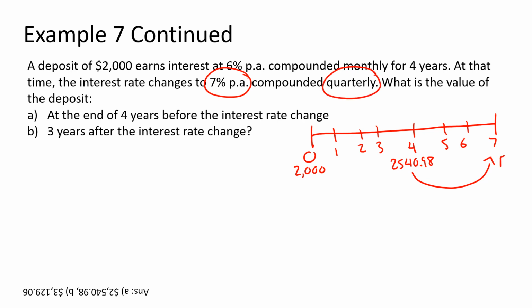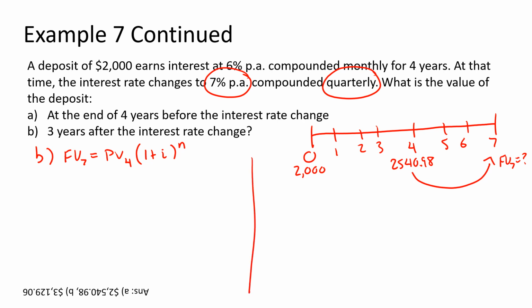So we're trying to find the future value at year 7. Once again, for part B, our future value at year 7 is equal to our present value. Now I'm using a subscript 4 just to denote year number 4. You don't have to use these subscripts. I just find it easier to help differentiate in our timeline. And that's multiplied by 1 plus our periodic interest rate i, all raised to the exponent n.